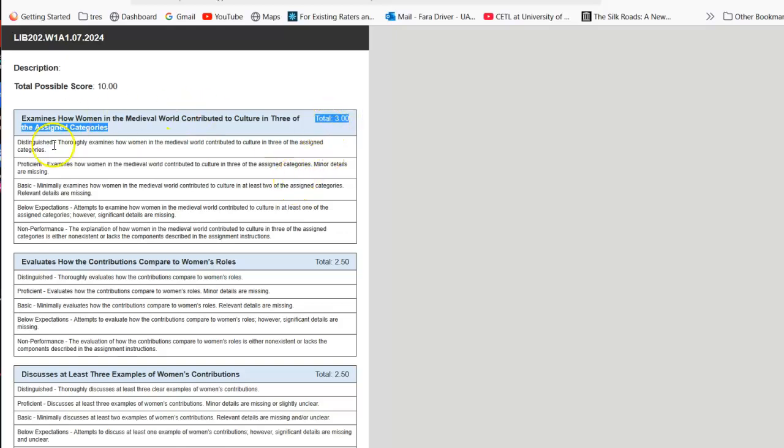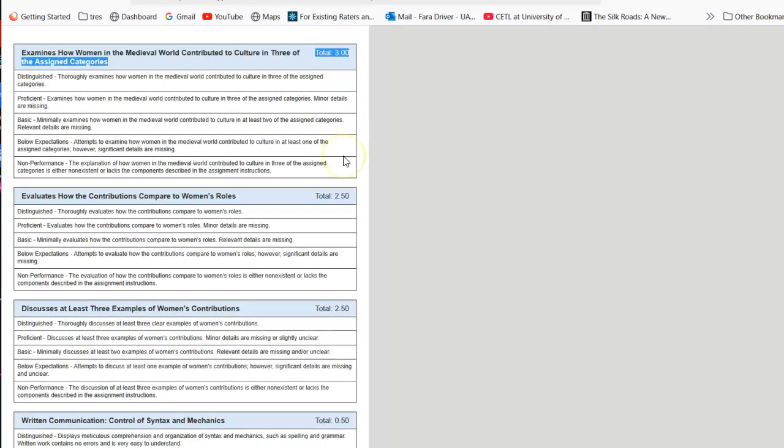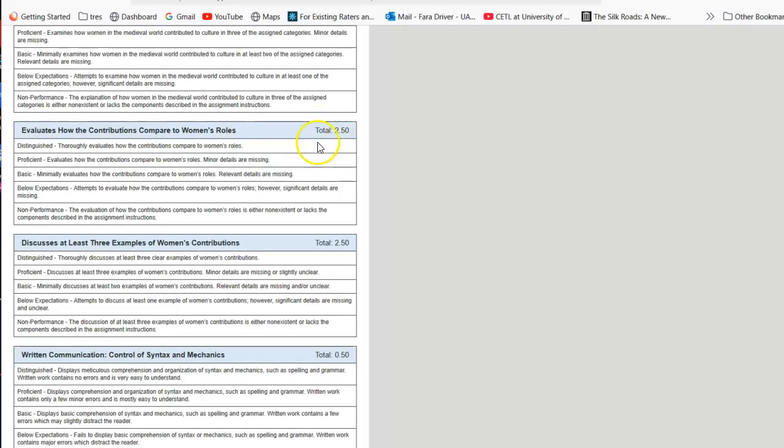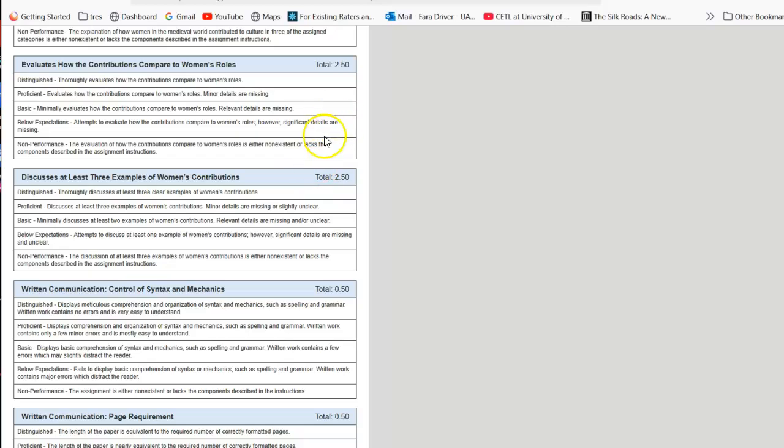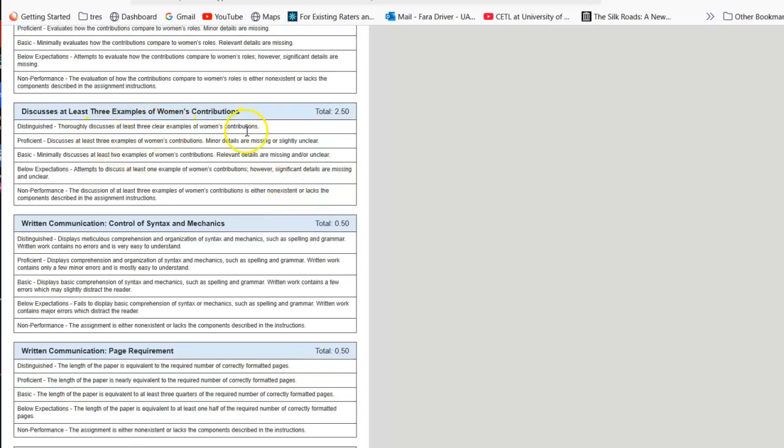It's going to show you the most important parts, the ones that I have to look most closely at. Of the 10 points for this, how women in the medieval world contribute to culture in 3 different assigned categories is a third of the grade. It's 3 points. Another very strong one is how those contributions compare to women's roles. So how did they defy what the expectations were of what they were supposed to do by doing this art? 3 examples of women's contributions is also strong.